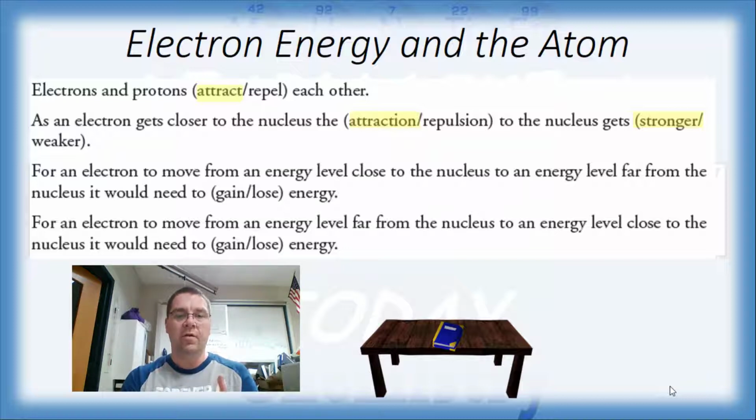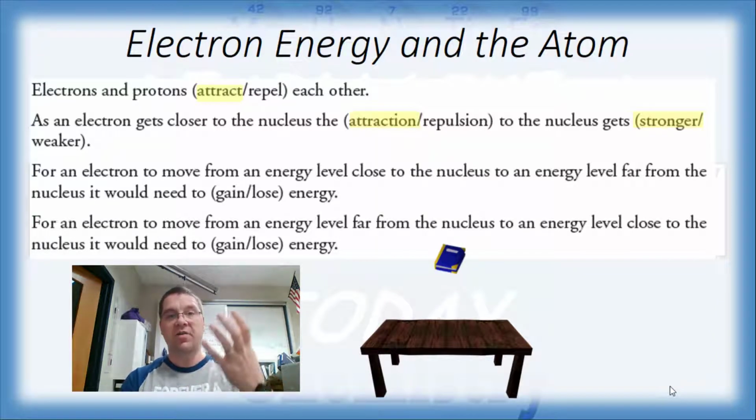Well, if I consider the book sitting on the table versus moving the book further away from the floor, say raising it up, now it's got more stored potential energy because the distance to the floor is greater. And so if we apply that line of thinking to the electron in the atom, in that first question, if I'm moving an electron from an energy level closer to the nucleus, the floor, to an energy level further from the nucleus, we had to put energy into that electron to lift it up, just as we needed to lift the book off the table.